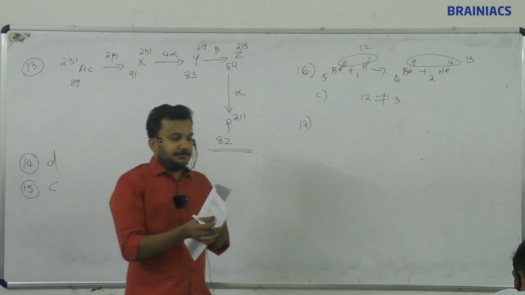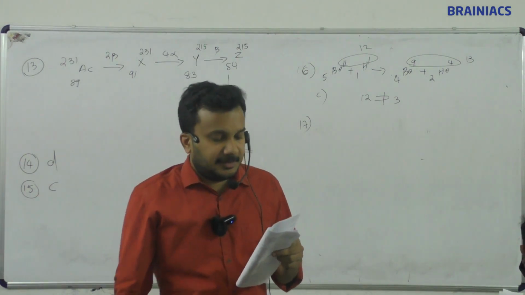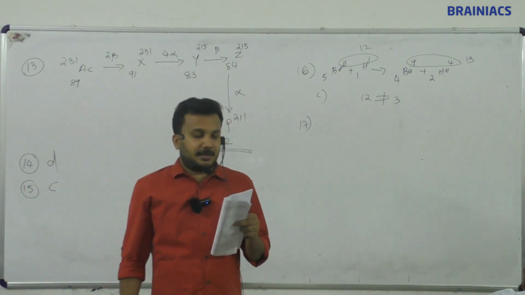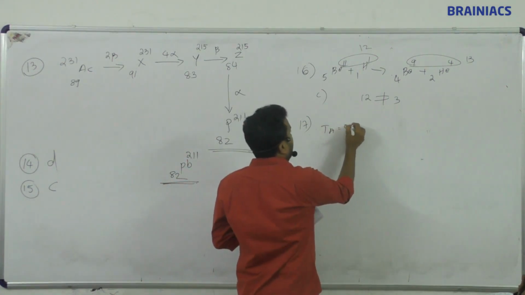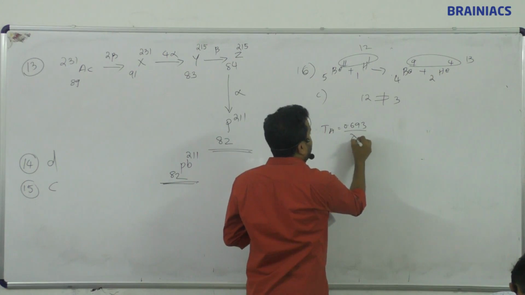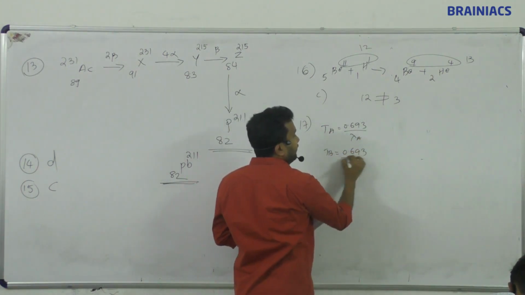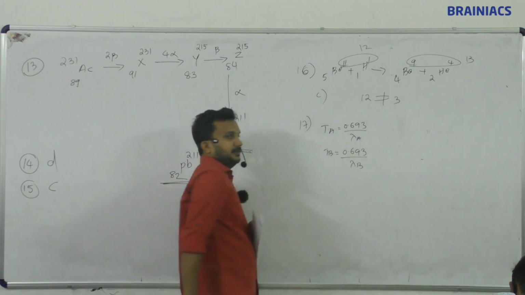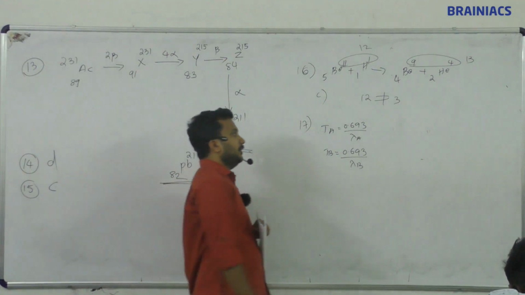Ratio of the half-life of two elements A and B is TA by TB. Ratio of the respective decay constants are? First we write TA equal to 0.693 divided by lambda A, TB equal to 0.693 divided by lambda B. The question is asking TA by TB.